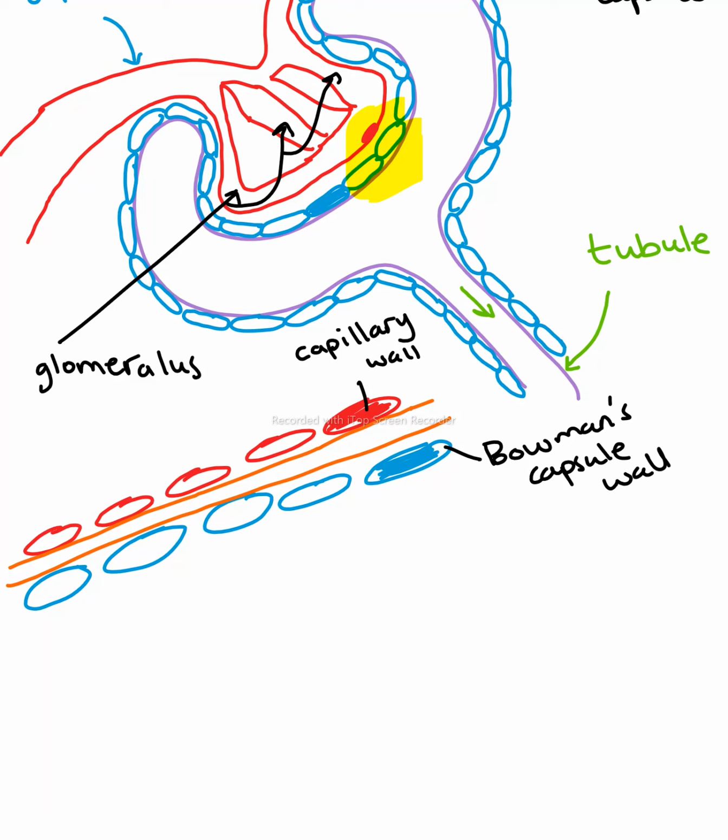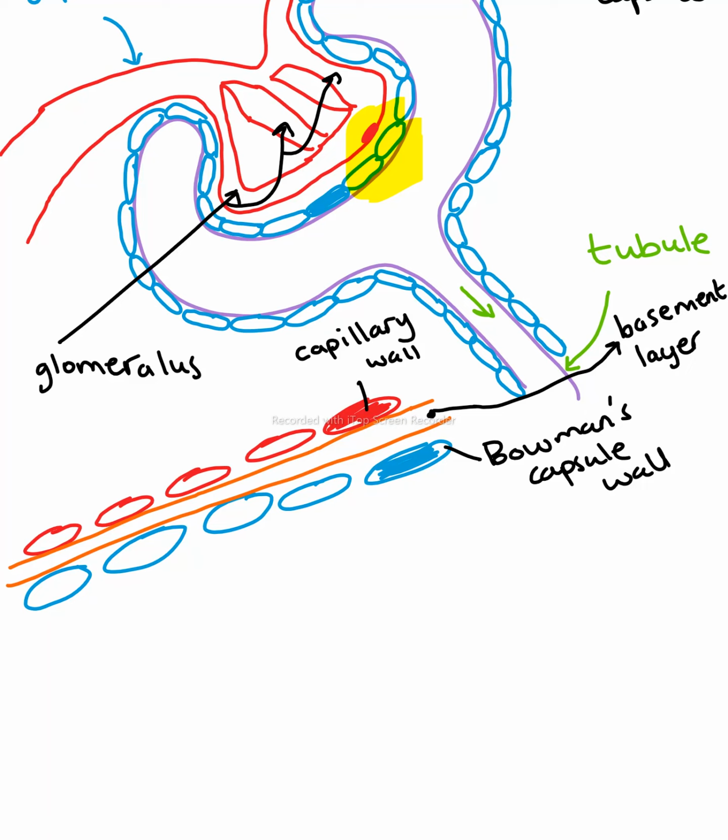Again, single cell, and it allows things to diffuse through. And this one here is called the basement layer, that there.